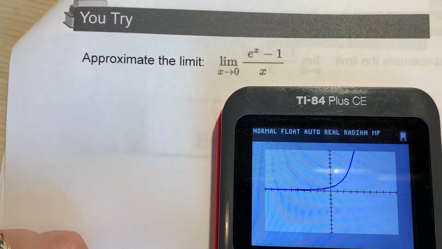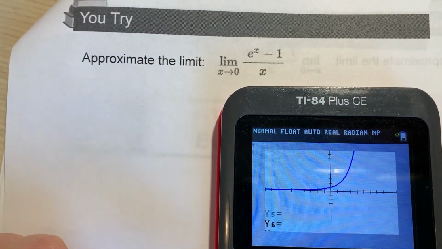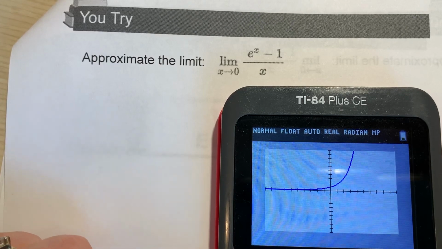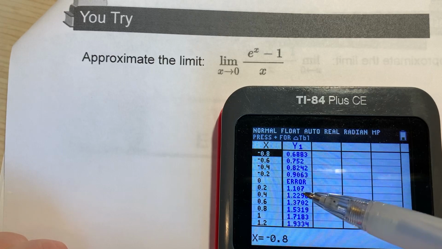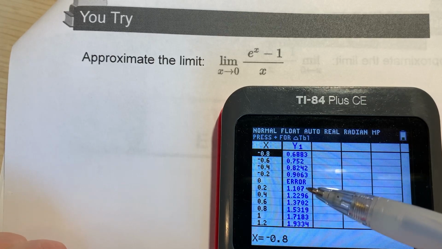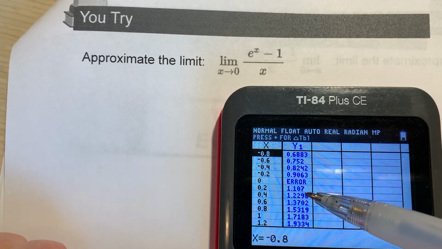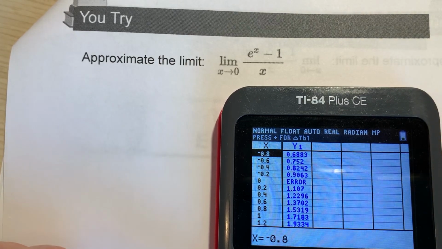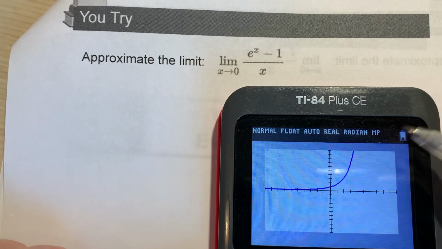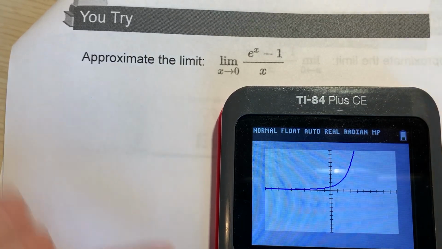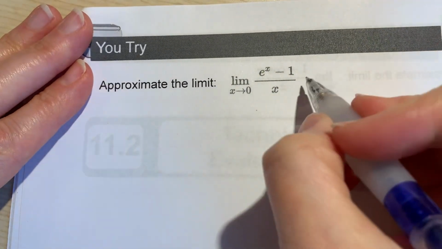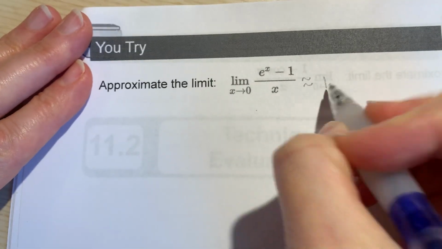Your calculator does not show you holes, so that's why we need to go to the table. Right around 0, I'm at 0.9 and 1.107, so it's looking like the limit is 1. On the graph, it also looks like the y value is 1. Using technology, you want to say approximately 1.